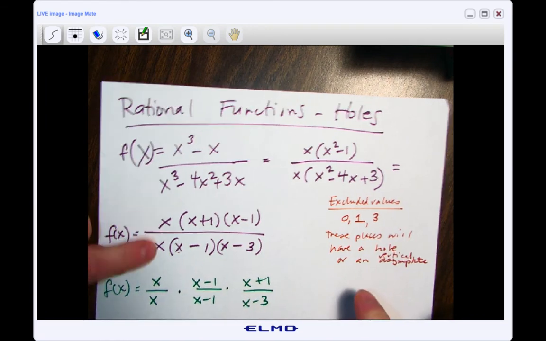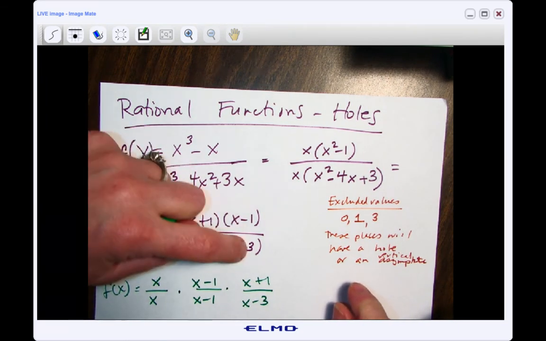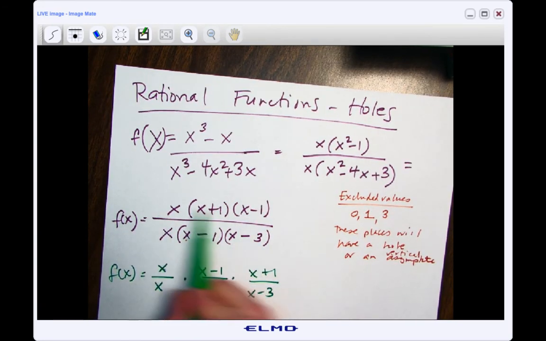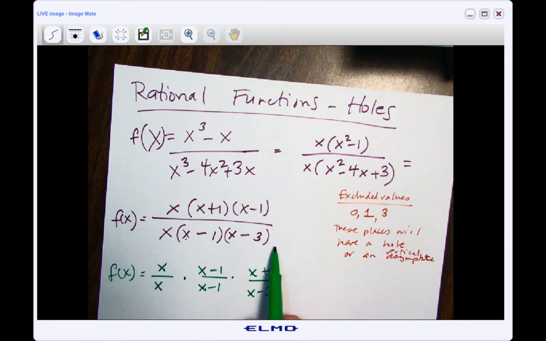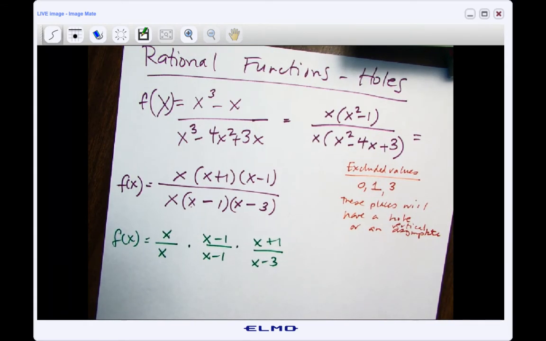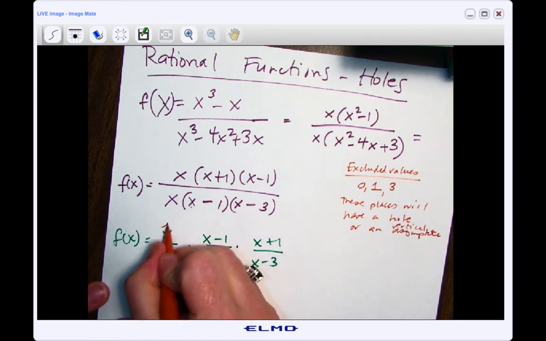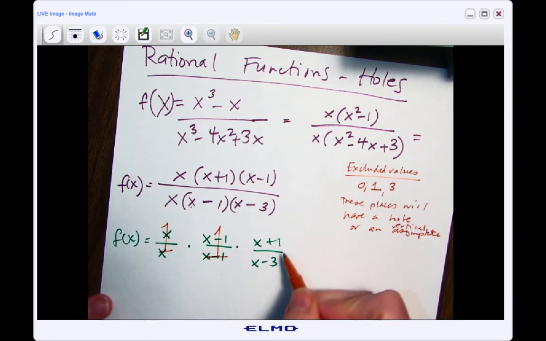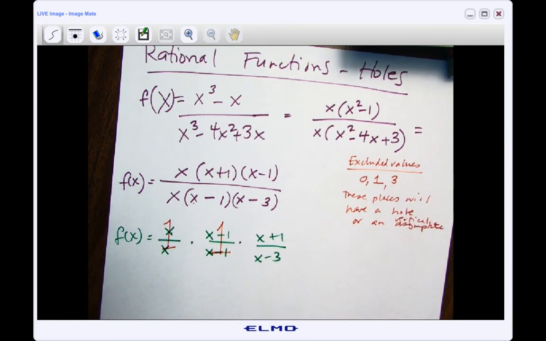Okay, so do you see I put this over this, this over this, and this over this. And that would be the same exact thing, because when I multiply all these together, I'd get that top, and when I multiply all these together, I'd get that denominator, right? So again, this one would reduce to a 1, this one would reduce to a 1, but this one would not reduce to a 1. So what can we say here now?